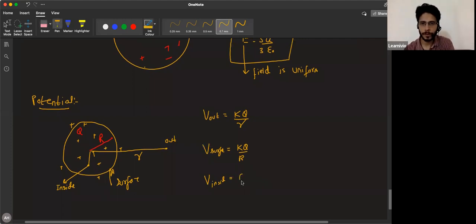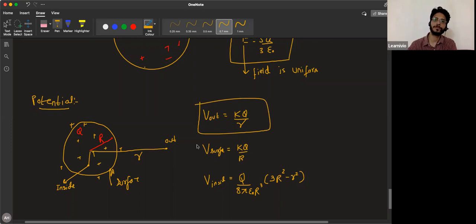8 pi epsilon naught R cube, into 3R square minus r square. So this is the expression of potential inside the sphere.